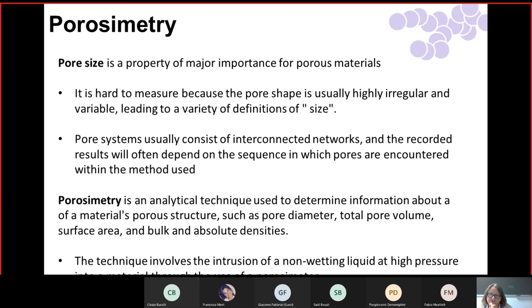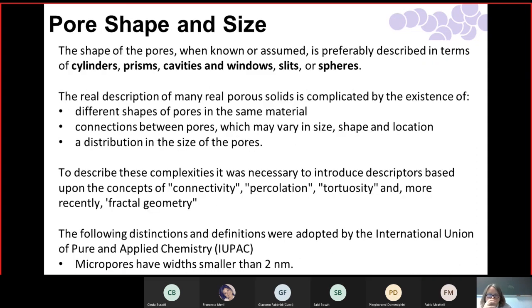So pore shape and size, it's difficult, again, to know what the shape is. They're often described as cylinders, prisms, cavities and windows, slits, or spheres. And I showed in one of those earlier slides some examples of the different shapes.